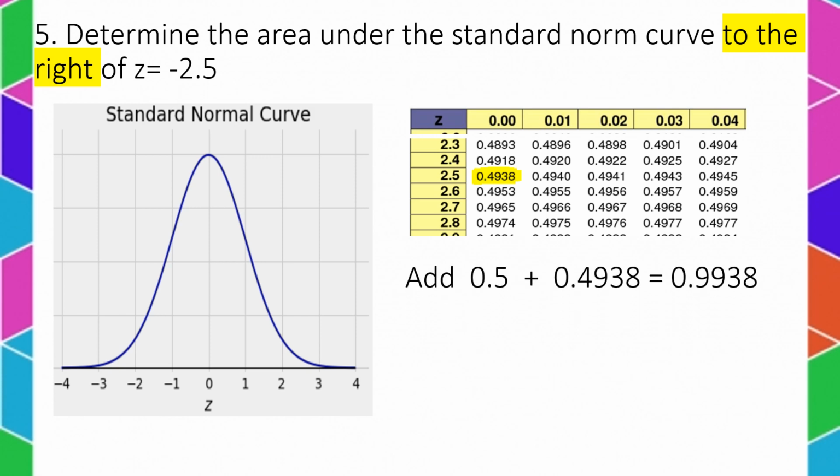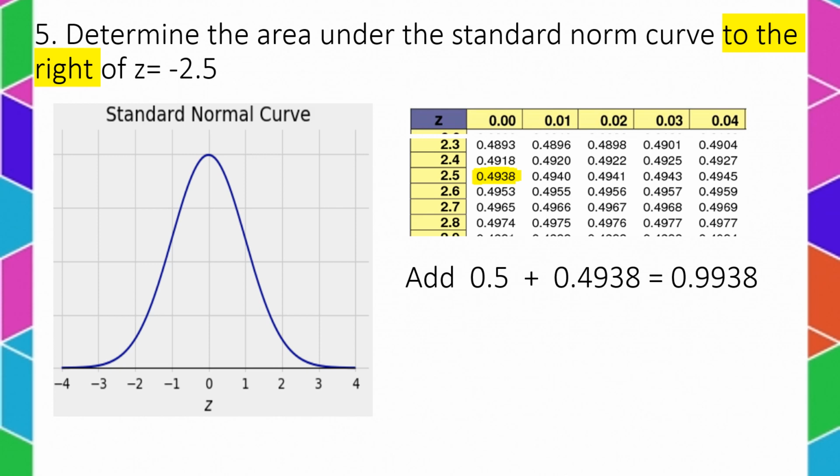So ang hinahanap nating value is 0.4938. And since the given expression in the problem is to the right and taking into consideration the negative sign of our z-score, so we need to add. No? Addition is the operation to be used.